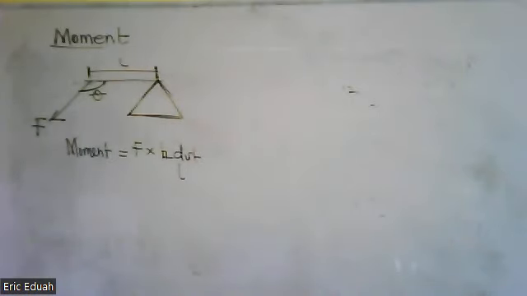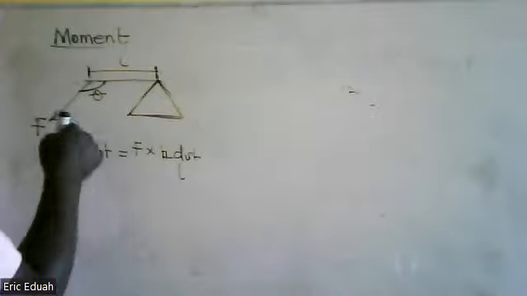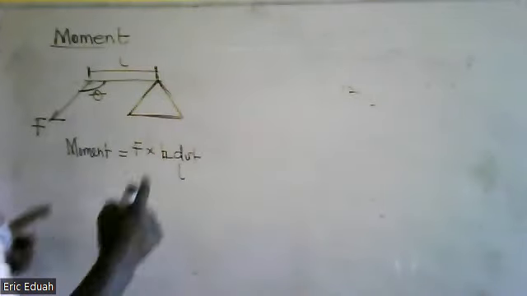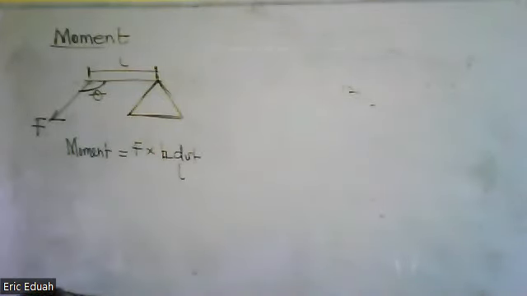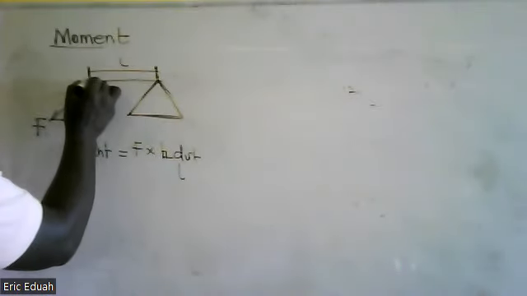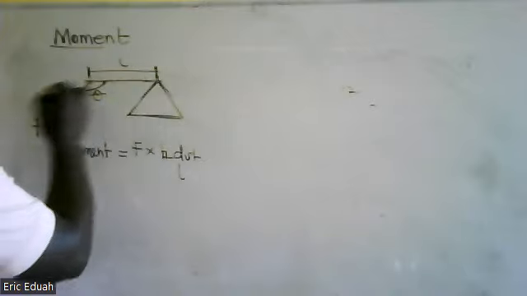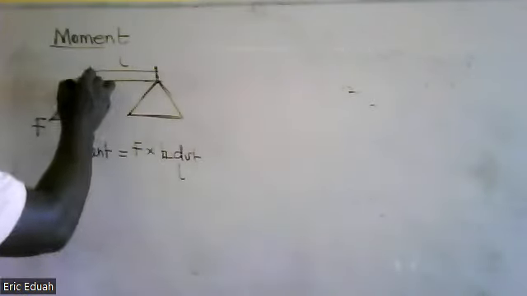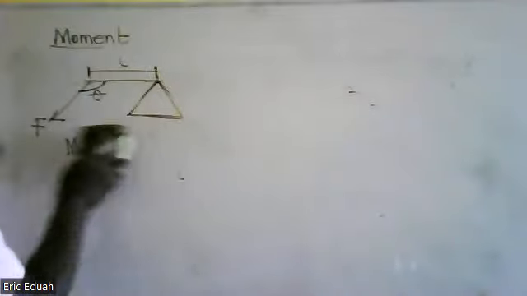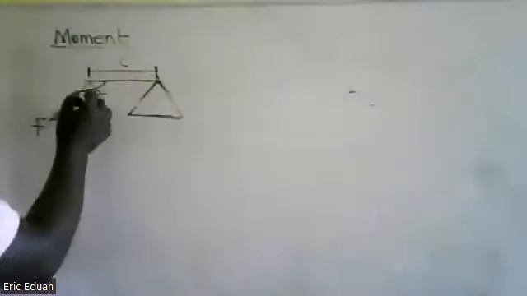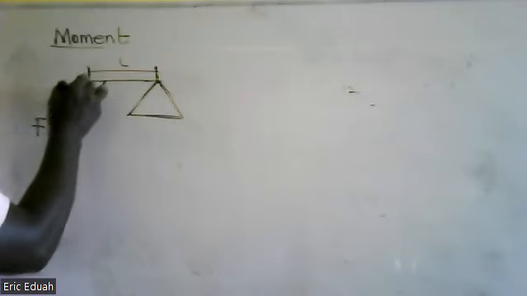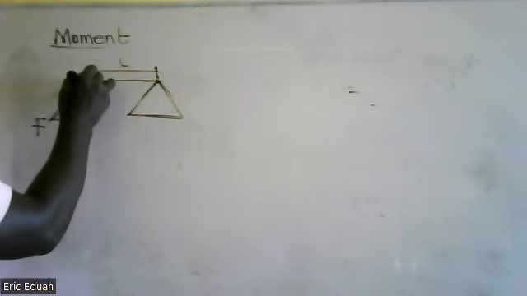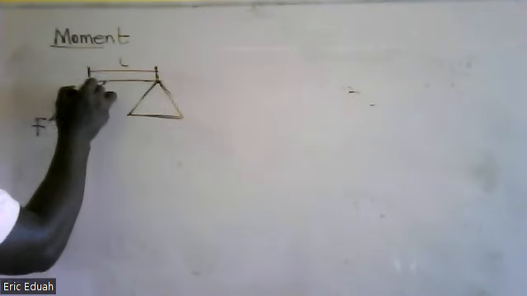You see, since we are saying that moment or torque is the product of the force and the perpendicular distance, yes, we have this length from the pivot, but all that we need to achieve over here is to have a component of this force which will be perpendicular to the line.